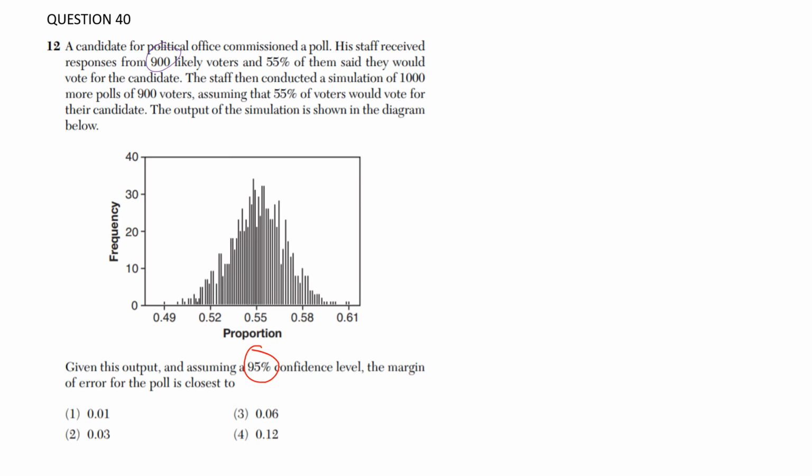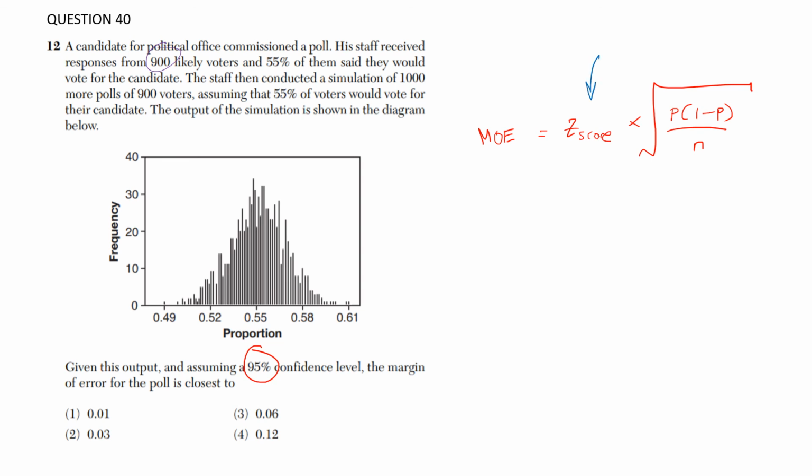All right, so this one is a formula that you should probably memorize. It's not on the formula sheet, I believe. The margin of error in something like this is the z-score times the square root of p(1 minus p) over n. And let's talk about each variable here real quick. I'm going to label these in blue.